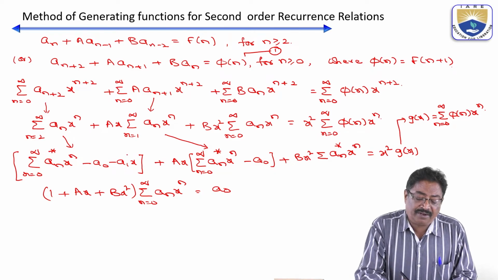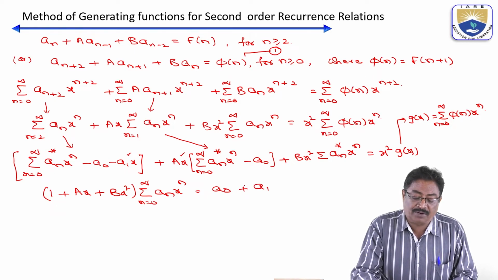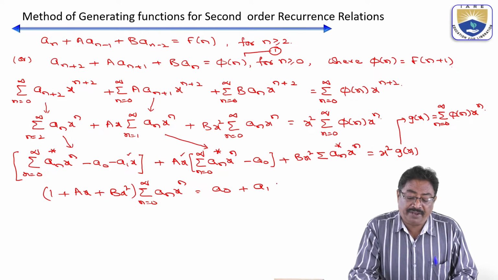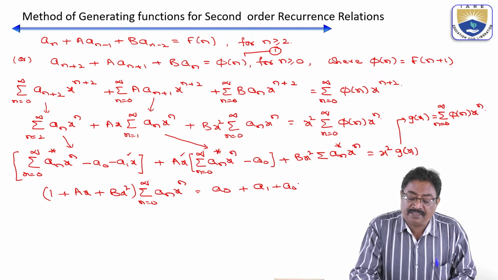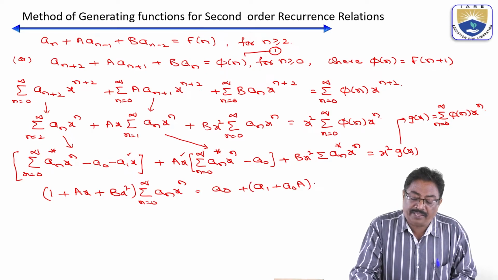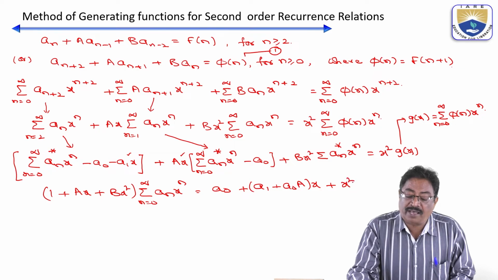Here the a x term is there and here the x term is there, so I am taking them to the right hand side. So a1 plus a naught a into x, and then the other one is x square g of x.